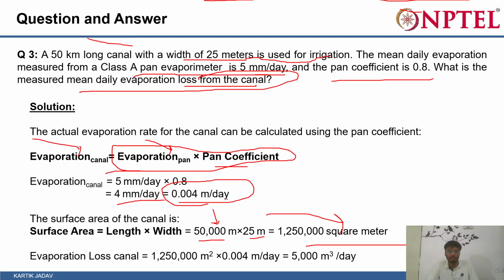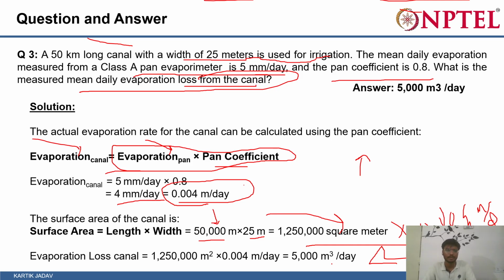We know the water lost from the canal is at the rate of 0.04 meter per day. Once you multiply this by the area of the canal, you will get 5,000 meter cube per day, that is the evaporation happening from the canal. The correct answer is 5,000.